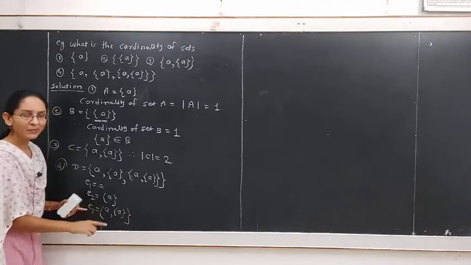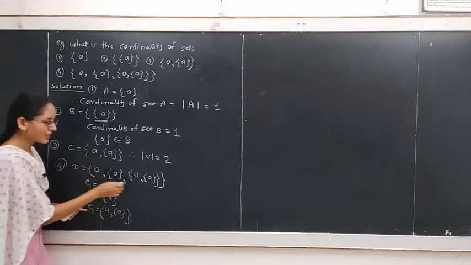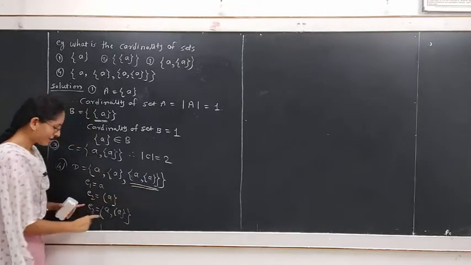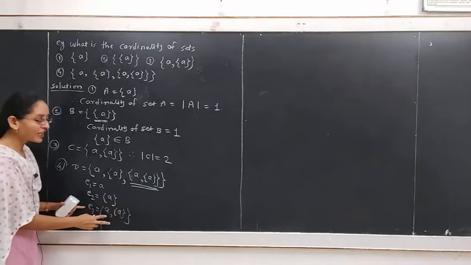E3 is one element of the set D because this is only one set, and this set E3 consists of two elements.